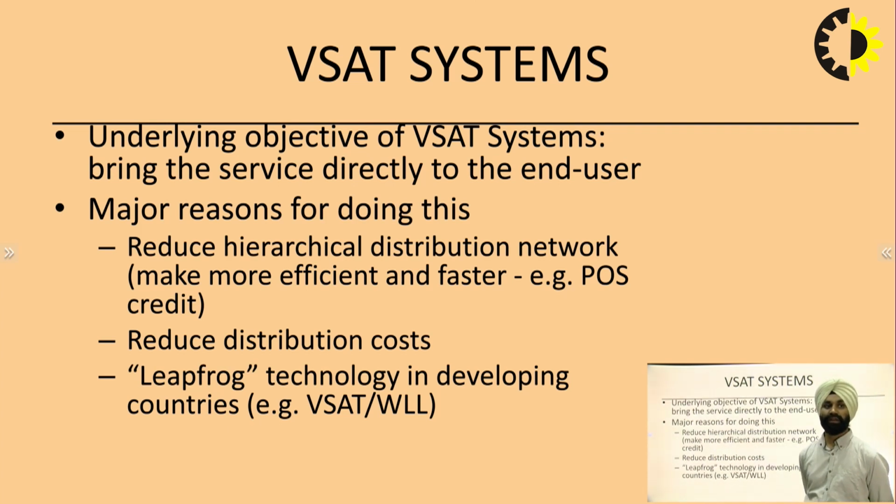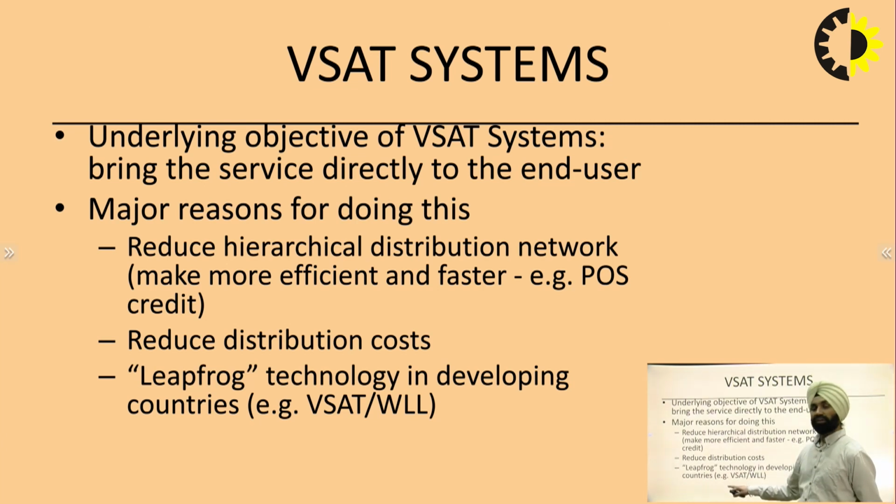For example, the overhead cost of the MSC and BSC in the mobile system will be reduced by using a satellite mobile phone. Obviously this will also reduce the distribution cost, because only one satellite is communicating with all the other earth stations.